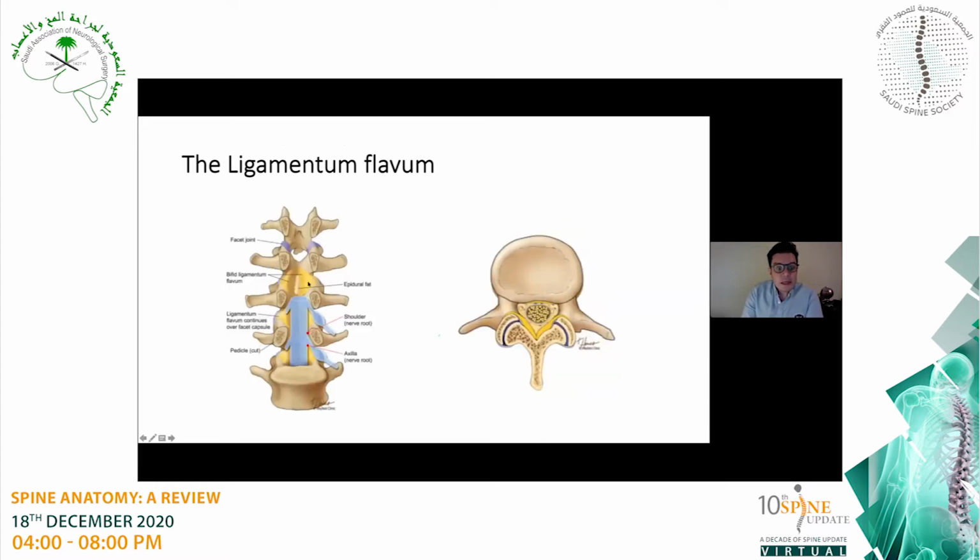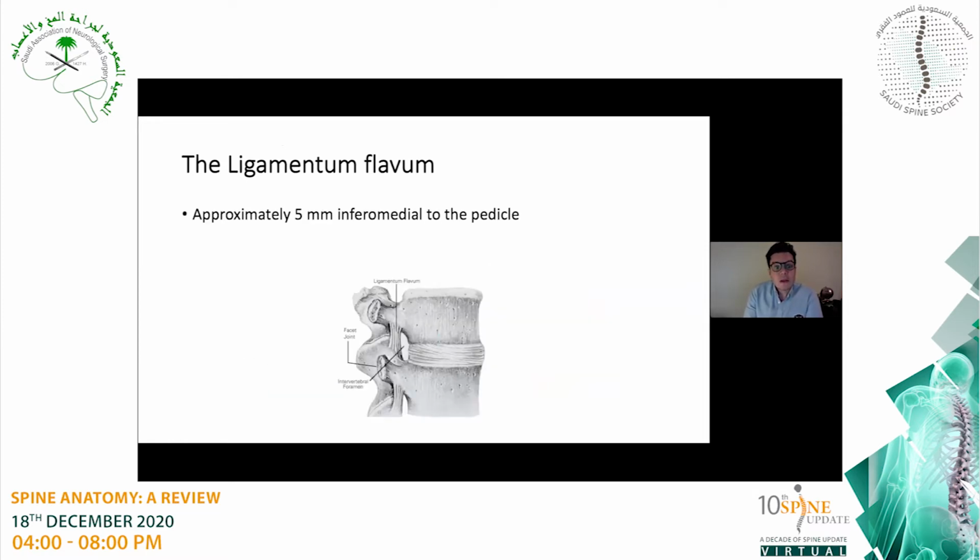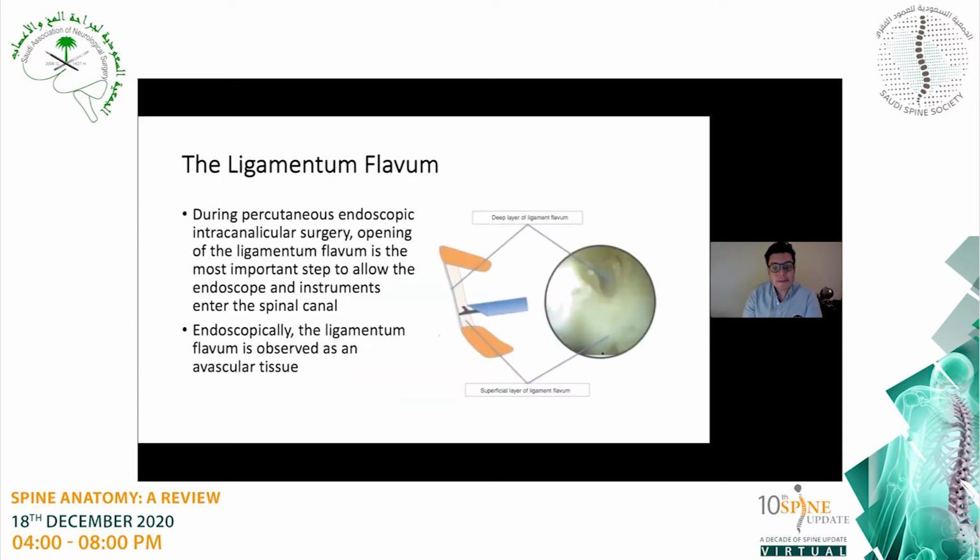It is not only in the spinal canal, but these ligaments also extend laterally into the foramen, as we see in this animation and the sagittal and axial images. In the foramen, it is approximately 5 millimeters inferior medial to the pedicle, and this is of importance during the transforaminal approach because these ligaments can be identified and removed without risks.